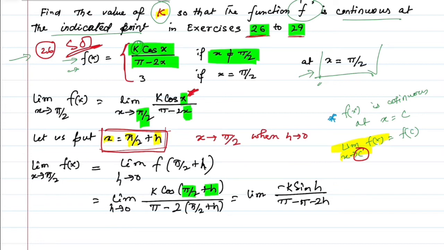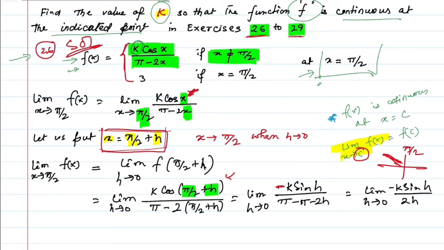Here we have applied the ASTC rule. Pi by 2 plus h means this quadrant, where cos is negative, so we have got minus, and as we have pi by 2, which is 90 or a multiple of 90, cos becomes sin. Here h tends to 0. So this will be limit minus k sin h by twice h, h tends to 0.